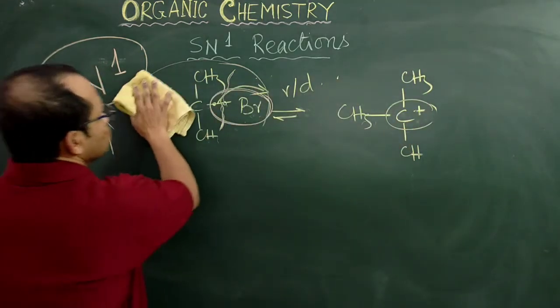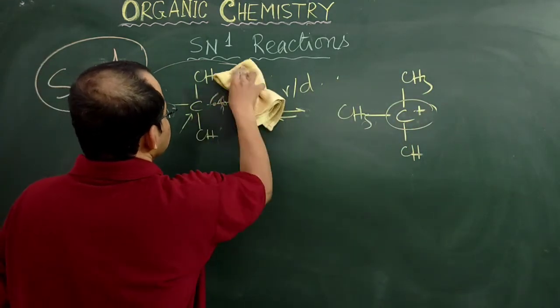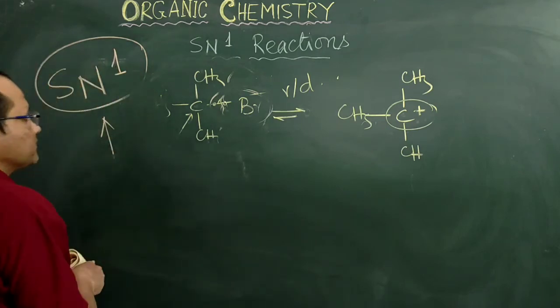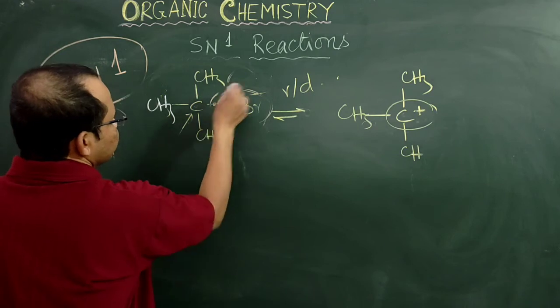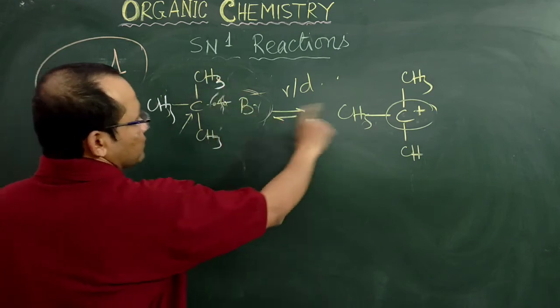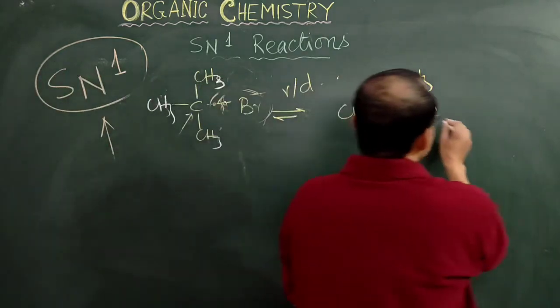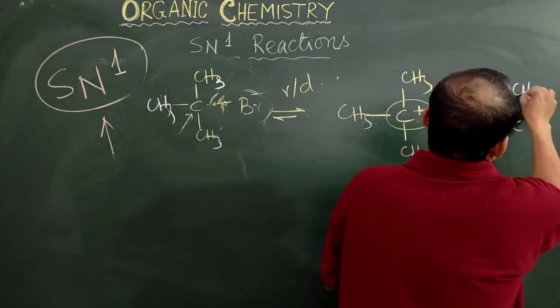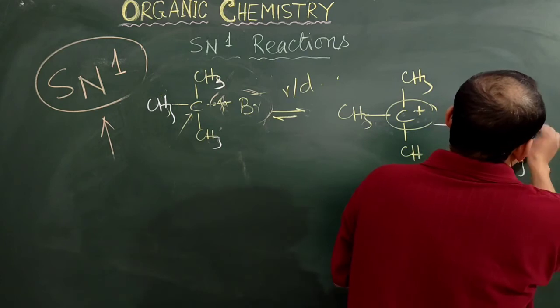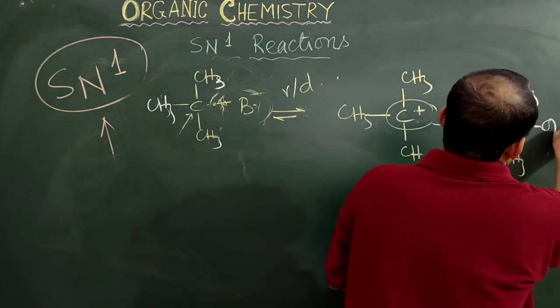Now let me show this with examples. Let us consider one substance where all CH3 groups are there already, which we have discussed, then no difficulty will be there. This will be formed and then ultimately it will form the simplest substance, OH.